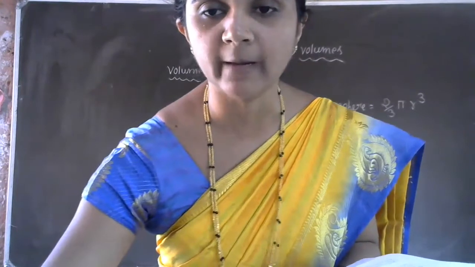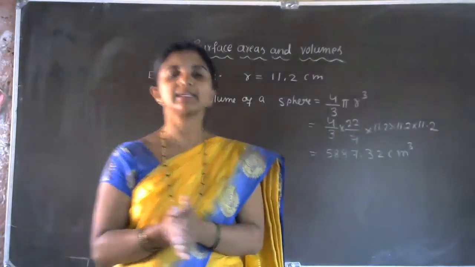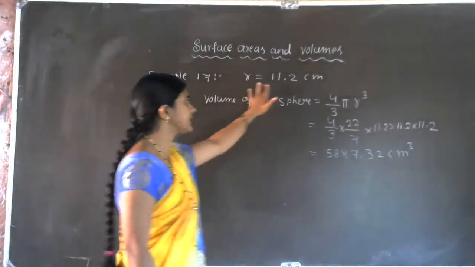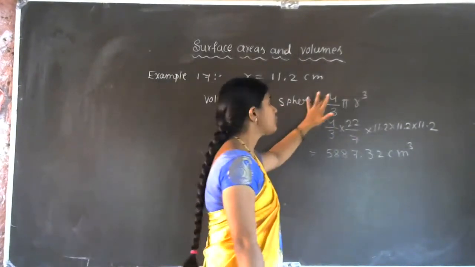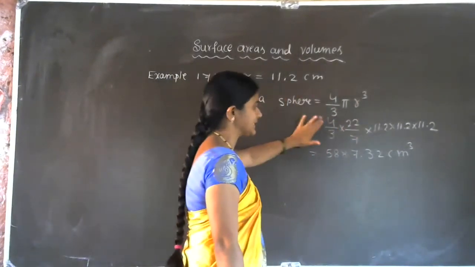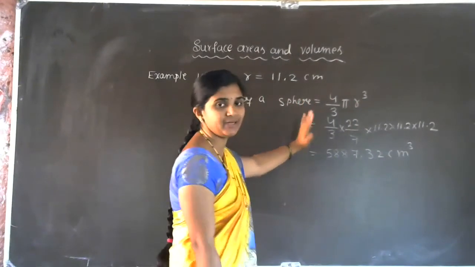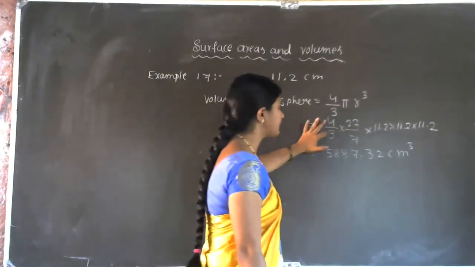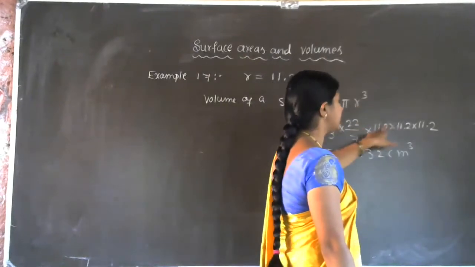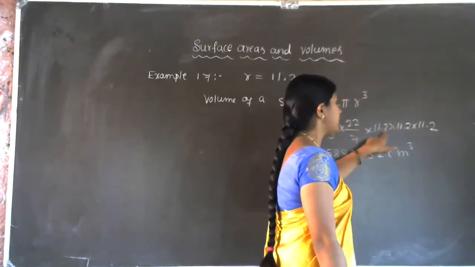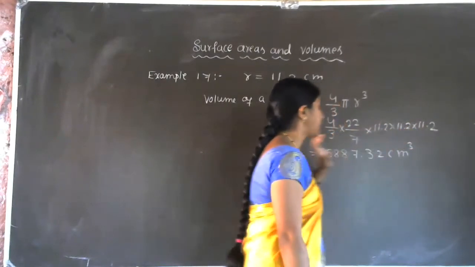Let us work out this problem. See here, example 17, radius is given, 11.2 centimeter. So the volume of a sphere is equal to 4 by 3 pi r cube. Then substitute the values and simplify: 4 by 3 into 22 by 7, and the radius is r cube, so 3 times we have to multiply 11.2 into 11.2 into 11.2.